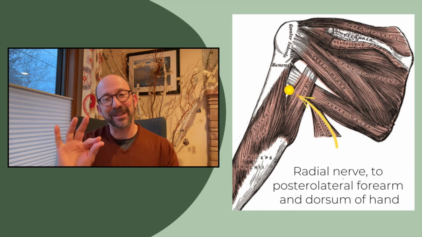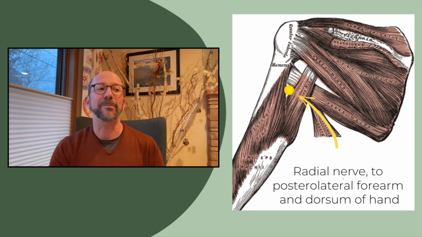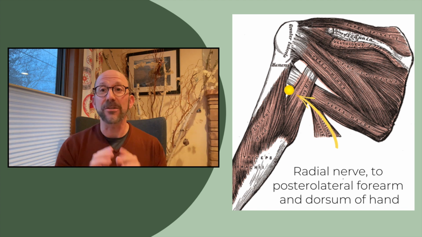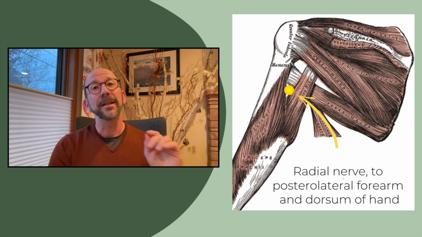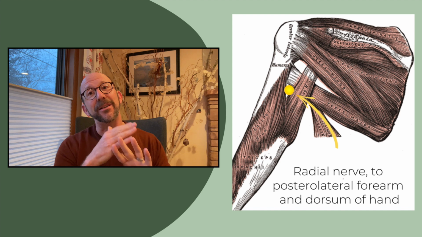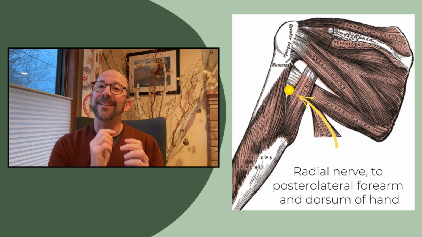space, as it's known. Similarly, just a little bit inferior to that quadrangular space, there's a triangular interval, technically not the triangular space, although it is a triangular space. Thanks, anatomists. Truly, we appreciate your work. And through there, between the lateral and long head of the triceps and underneath or distal to the teres major, is the radial nerve.